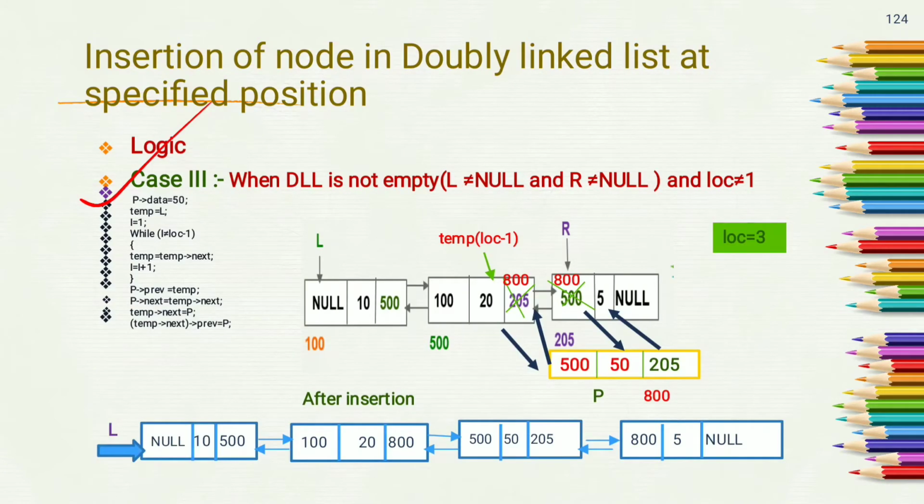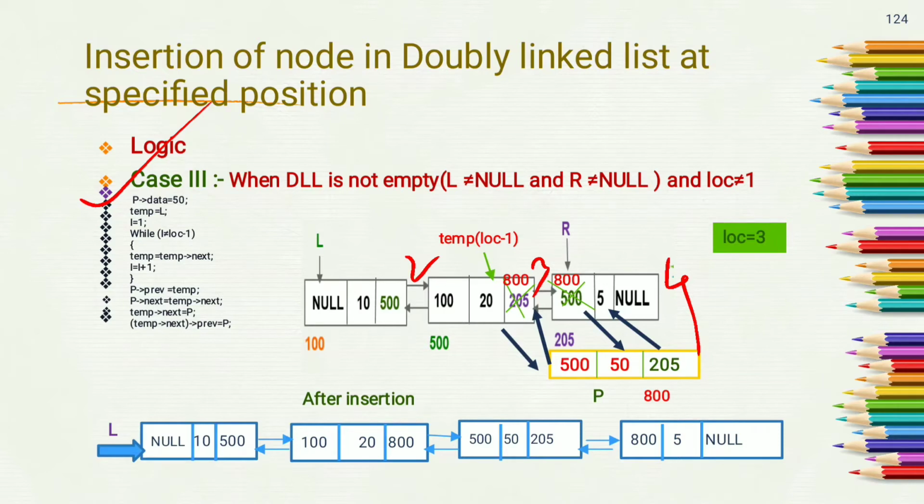Case 3 is when the doubly linked list is not empty, that means the value of L and R is not equal to null, and also location is not equal to 1. That means the value of location is other than 1. So here the value of location can be 2, 3, 4 but cannot be greater than 4, because here the length of the linked list is 3, so we can insert a node up to location 4.